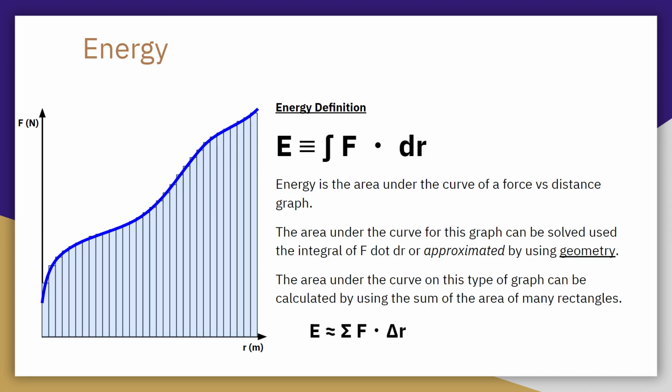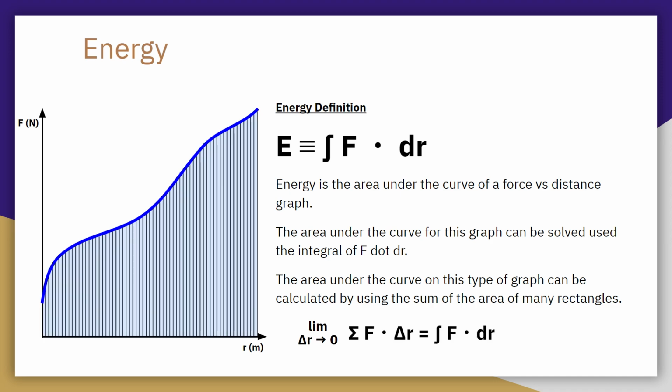Make them even smaller and we do an even better job. Eventually, we do such a good job, and the width of each of those bases is so infinitesimally small, we're basically limiting that change in position to 0. And then when we do that, if we still add up all of the force times change in positions, those areas of each rectangle, that's really going to be our definition of the integral of F dot dr.